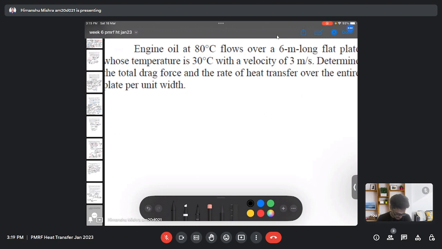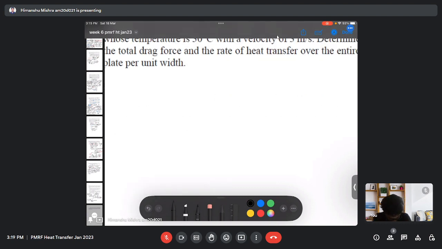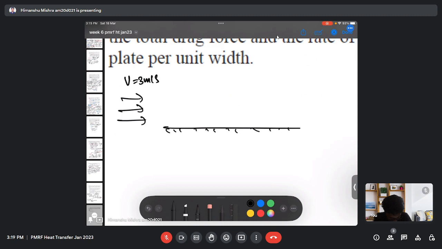So in this problem, we have a flat plate, and there is a coming flow. The velocity outside the flat plate is 3 meter per second, and the temperature is 30 degrees Celsius.